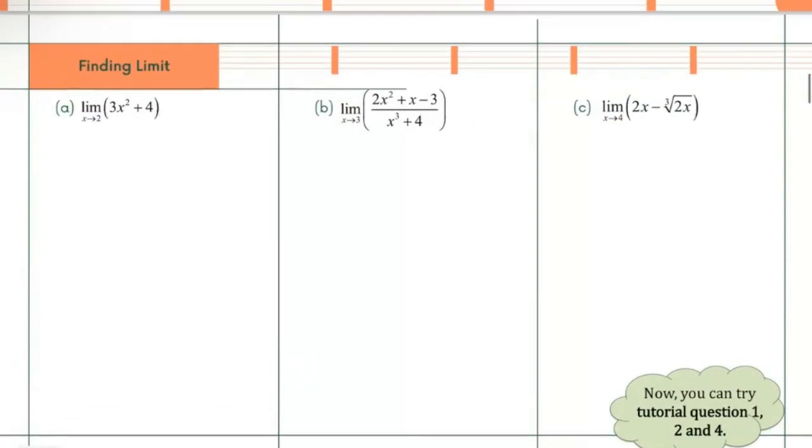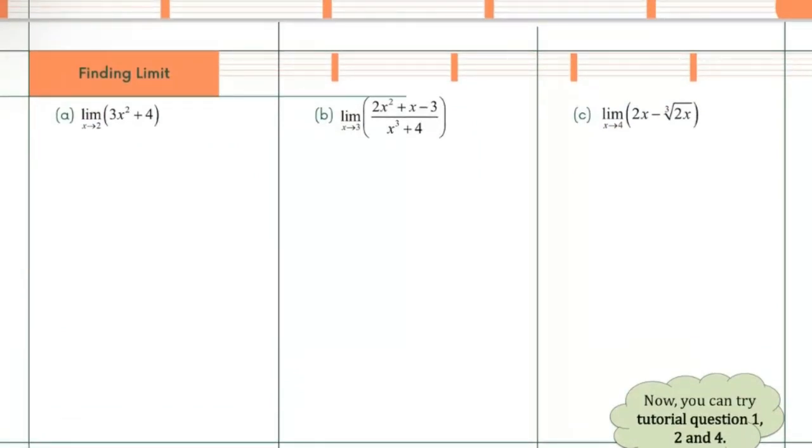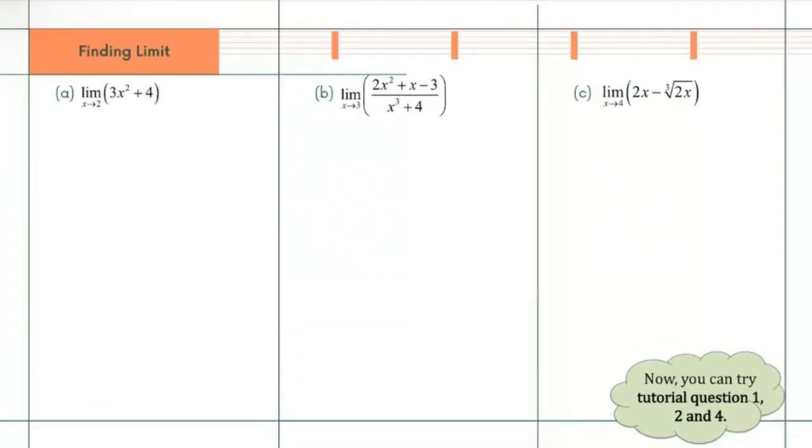Okay, now saya terus pergi kepada first example. Kes yang pertama apabila kita nak gantikan terus the value of our limit. Okay, so ini tadi saya kata step yang pertama adalah terus gantikan kita punya x ni dalam function. So let's say for this one, find the limit of 3x squared plus 4 as x approaching 2.